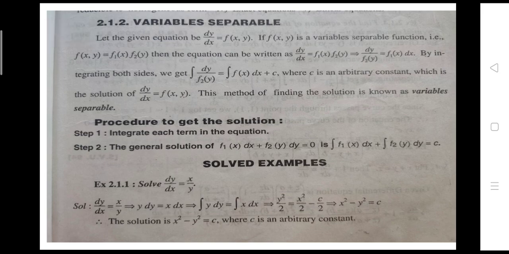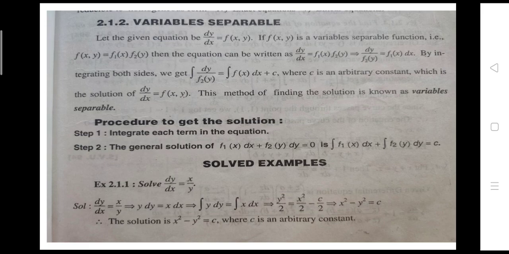Let the given equation be dy by dx is equal to f of x comma y. If f of x comma y is a variable separable function, that is f of x comma y is equal to f1x into f2y, then the equation can be written as dy by dx is equal to f1x into f2y. This implies dy by f2 of y is equal to f1x into dx.